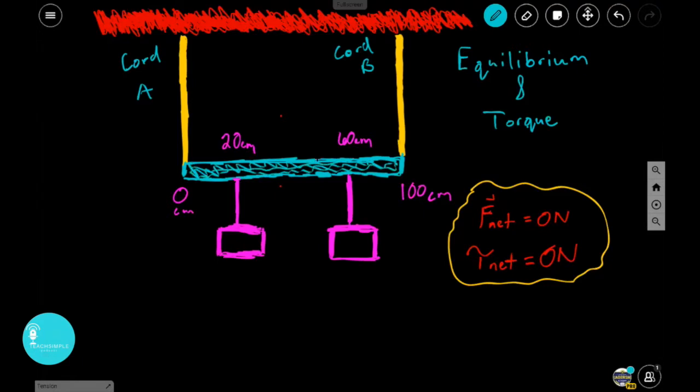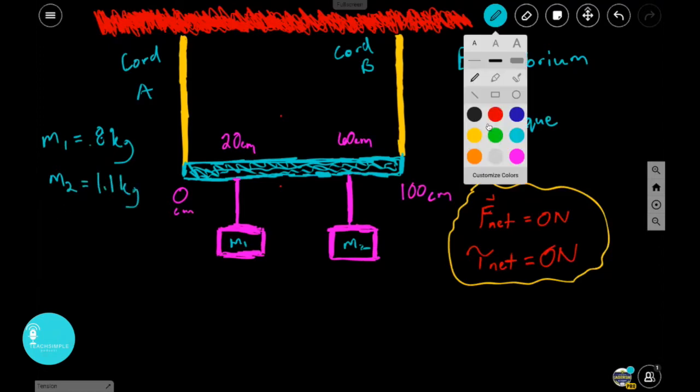We have mass 1 and mass 2. M1 is 0.8 kilograms, M2 is 1.1 kilograms.